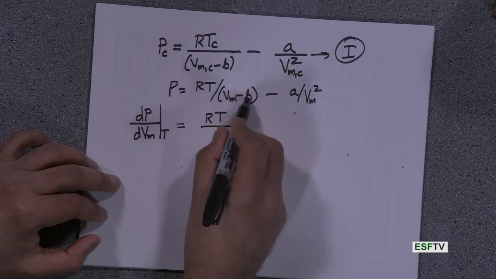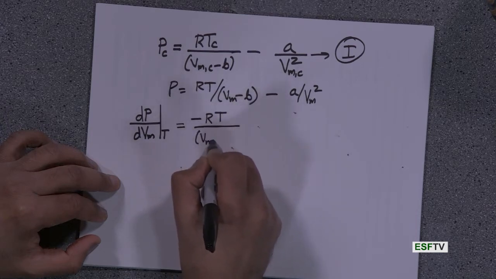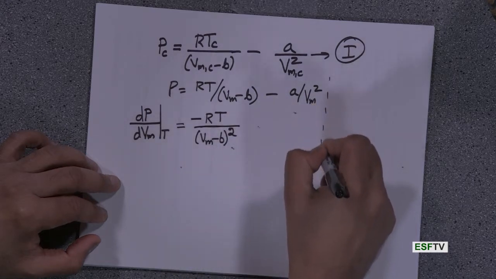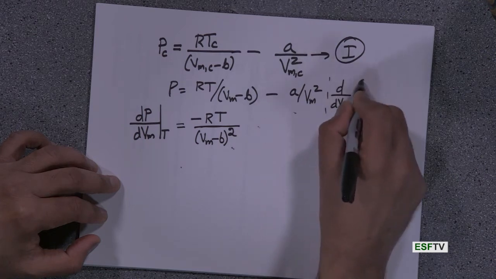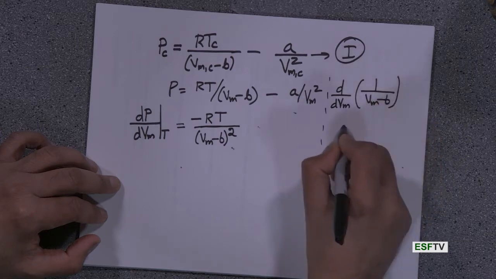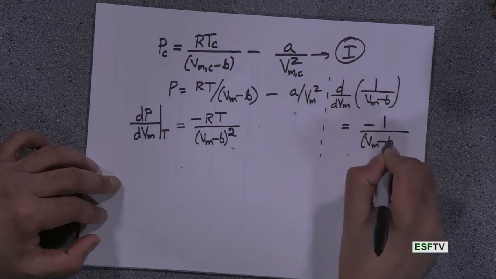We have V molar minus b in the denominator. We get minus (V molar minus b) squared when you differentiate this. What I did here is d over dV molar of 1 divided by (V molar minus b) is minus 1 over (V molar minus b) squared.